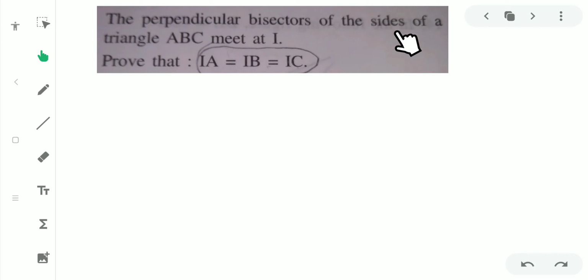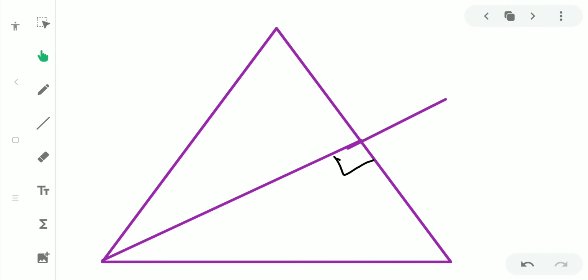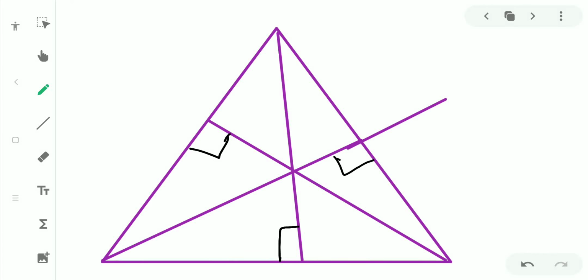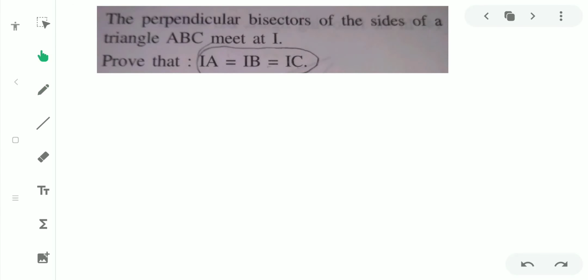So, the perpendicular bisectors of the sides of triangle ABC. In a triangle we have three perpendicular bisectors. Though it may not be equal, it is just a rough diagram I have drawn to explain to you.